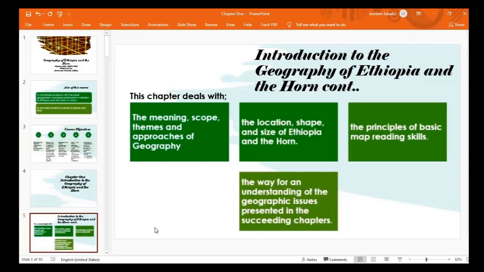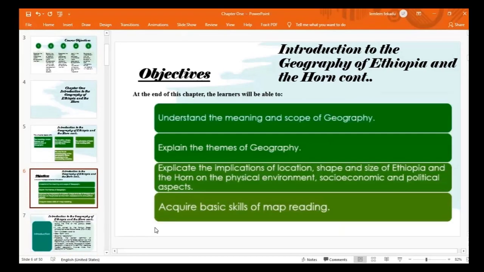Thirdly, the major focus of this chapter is the principles of basic map reading skills. All this paved the way for understanding of the geographic issues presented in the succeeding chapters of this course.